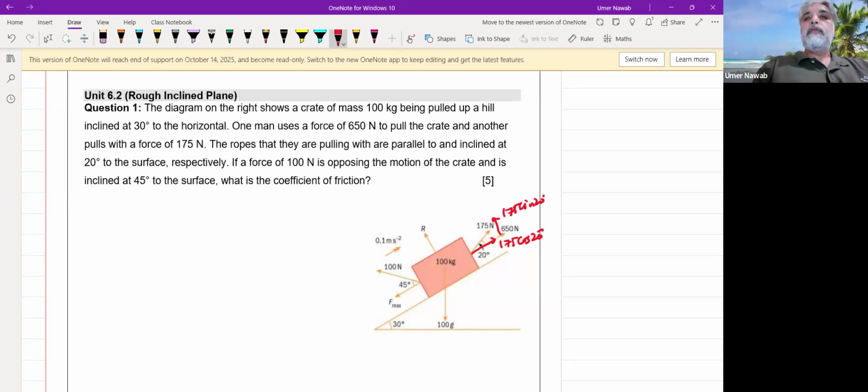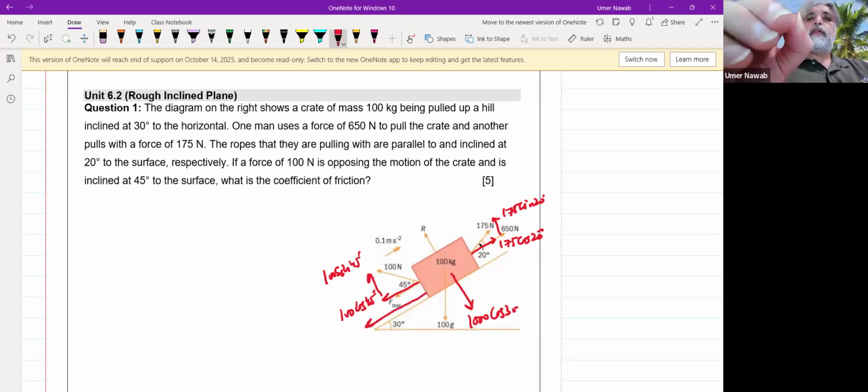Let me resolve this force, 100 newtons. So this is 100 cosine of 45 and 100 sine of 45. This force is the weight component 1000 cosine of 30 degrees. Let me resolve the weight component 1000 sine of 30 degrees.